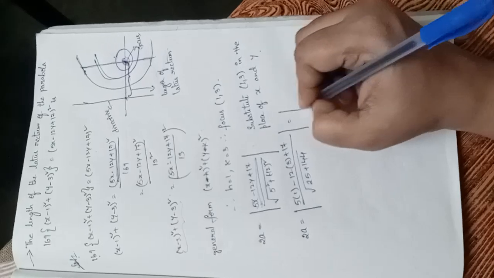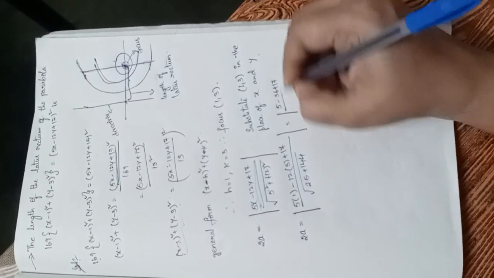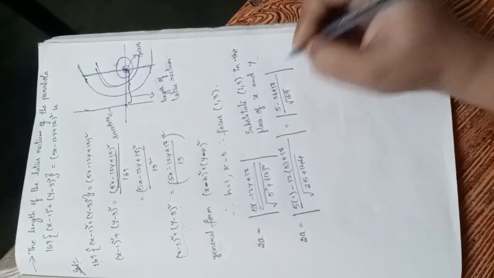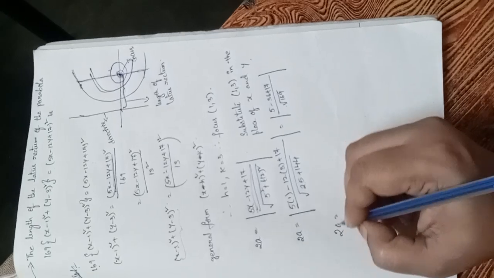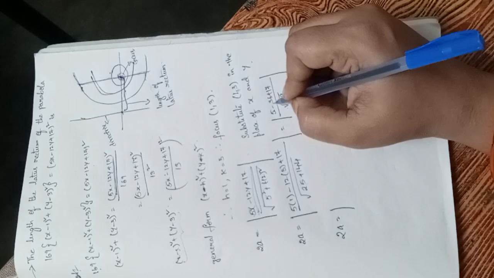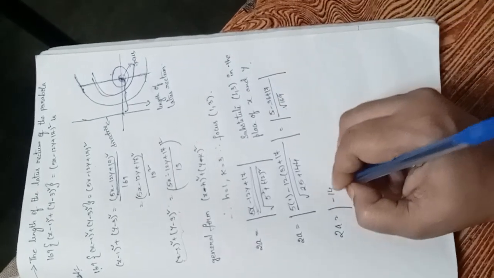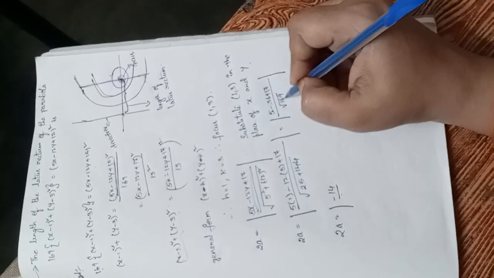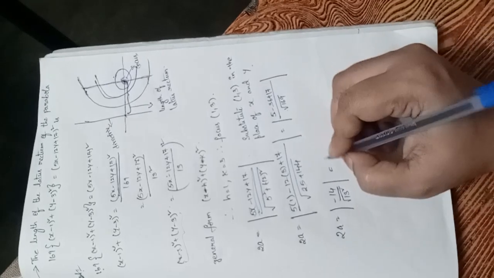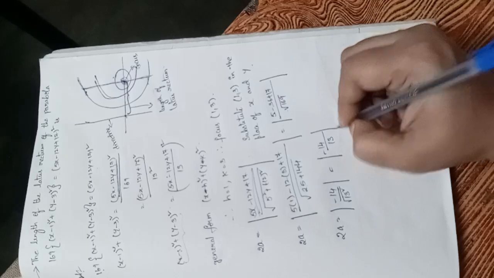This is equal to mod of (5 minus 36 plus 17) by root 169. So 2a is equal to, 5 minus 36 is minus 31, minus 31 plus 17 is minus 14, by root of 13 square, which is mod of minus 14 by 13.